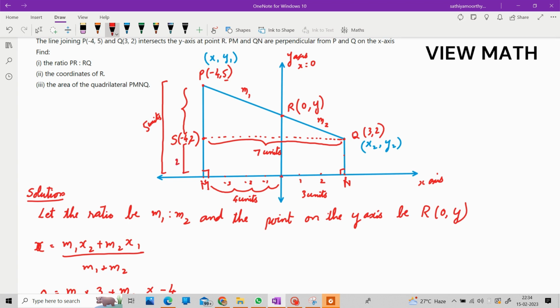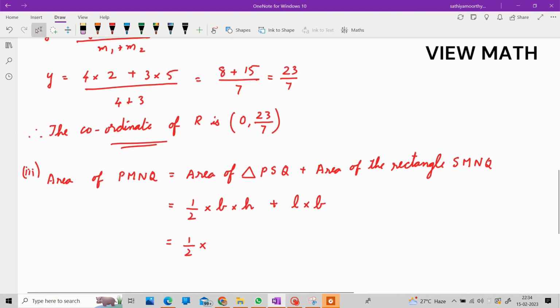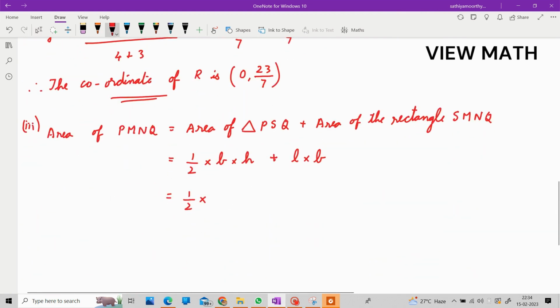So remaining from S to P it is 5 minus 2, which is equal to 3 units. This is the height of the triangle. So I know the base of the triangle is 7 units and the height of the triangle is 3 units. So let me substitute it.